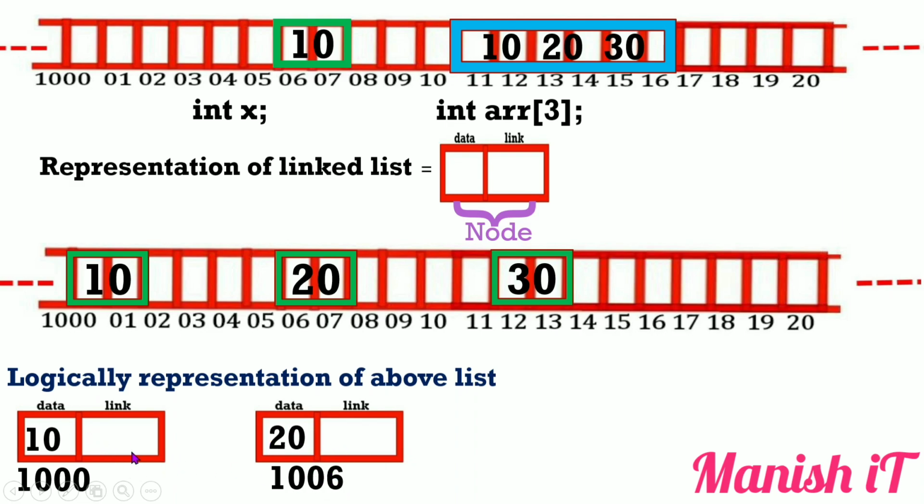Whenever the first node's link part stores the other node's base address, a bond is created between them. So when 1006 is stored in the link part, it is connecting to 20.